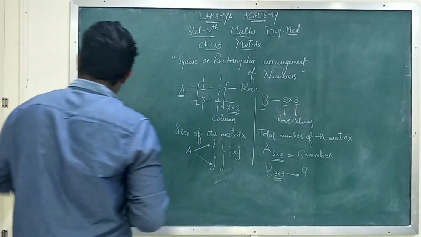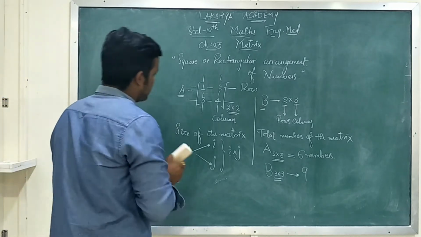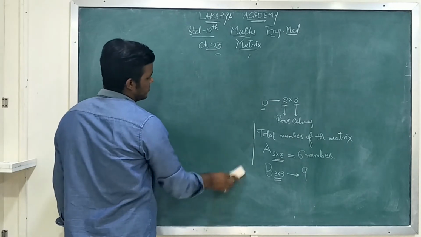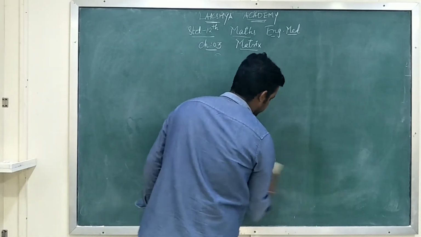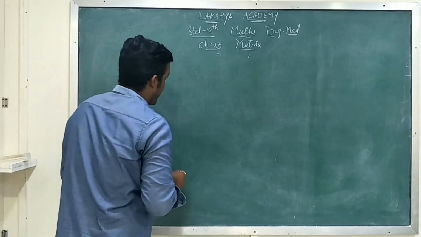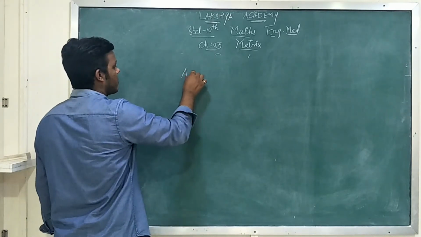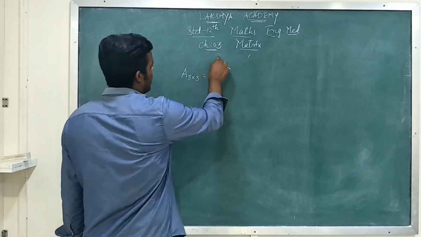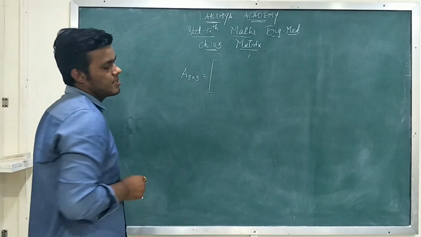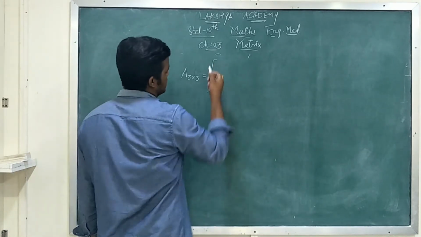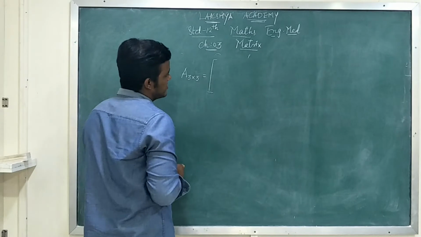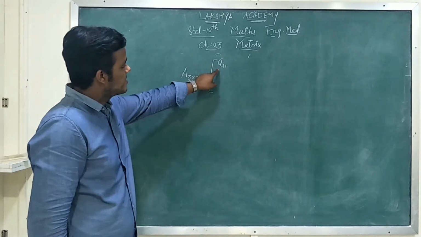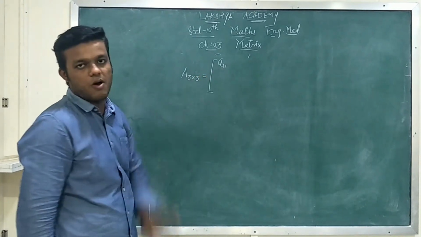Now moving towards the members of the matrix. How can we denote the members of the matrix? Suppose I have the matrix A of size 3 cross 3, so it will have 9 members. Now I can represent those members with the help of small numerical suffixes like a11. a11 means it is the member of first row and first column.